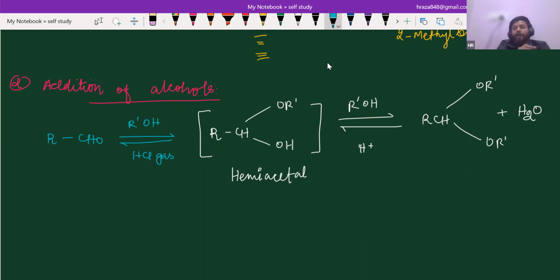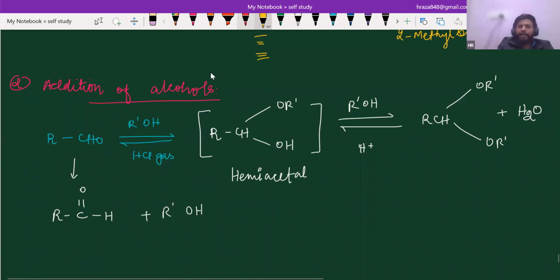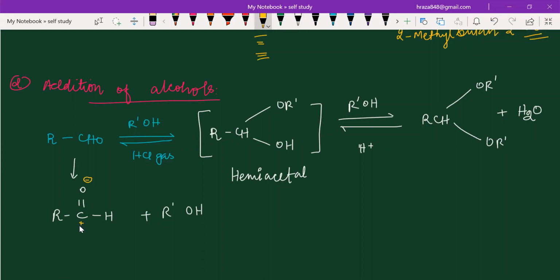Just play with negative and positive. Can I write this RCHO as R-C double bond O, and do the same with R'OH? Can anyone tell me, between carbon and double bond oxygen, on which there will be negative charge? On oxygen there will be negative charge, and on carbon there will be positive charge.